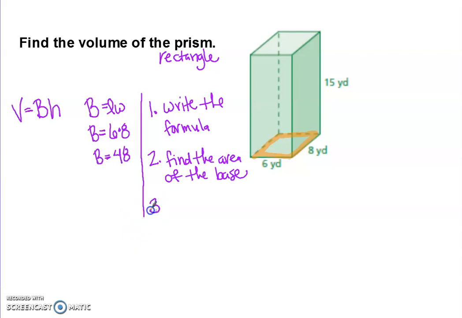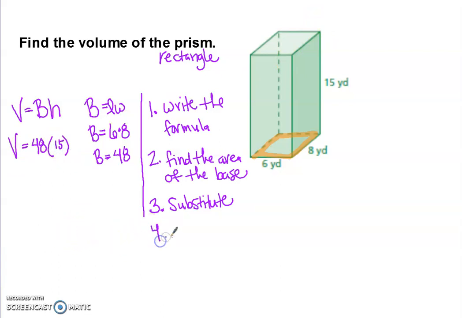All right, now we've got the area of the base. We're going to substitute in the values into the formula that we have for volume. So volume is the area of the base, which we found was 48, times the height of the prism. How tall the prism is, it's the dimension we haven't used yet. It's 15 in this case.